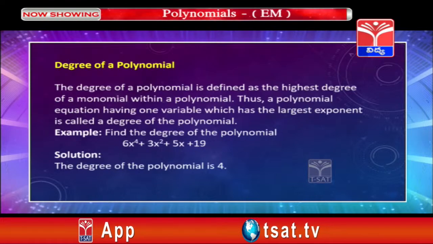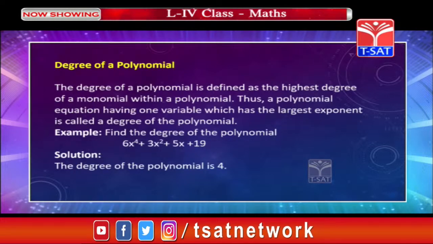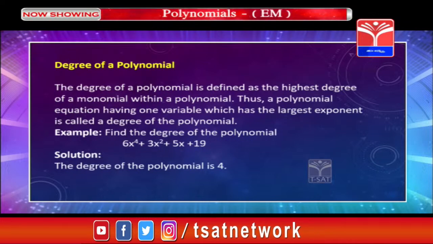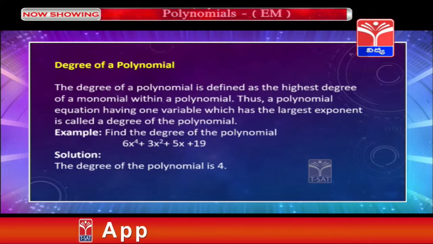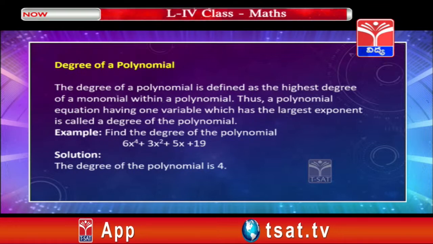Among 4, 2, 1, 0, the highest one is 4. So, the degree of the given polynomial 6x to the power of 4 plus 3x square plus 5x plus 19 is 4. Simply you can say it is 4.